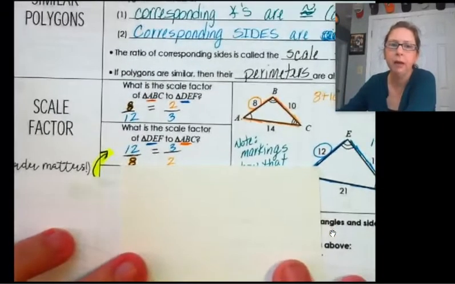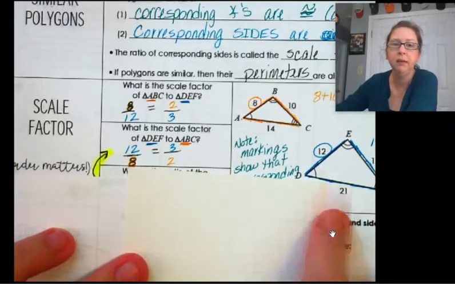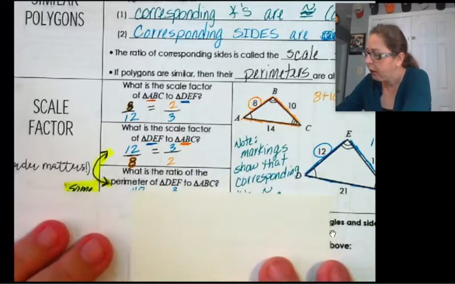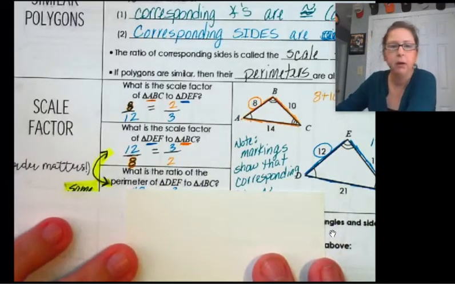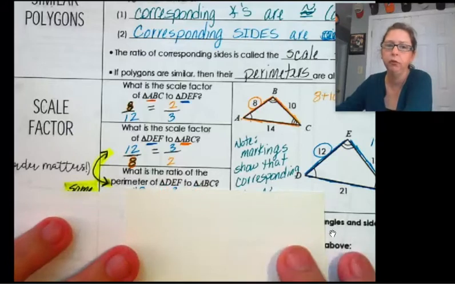All right, so now that we have the proportion from one side to the next side, let's check the proportion of the perimeter of triangle DEF to ABC. So again, DEF is blue, ABC is orange.